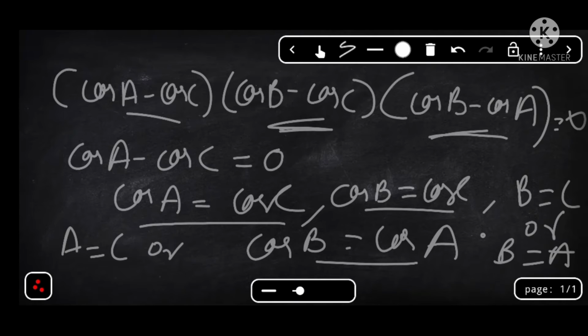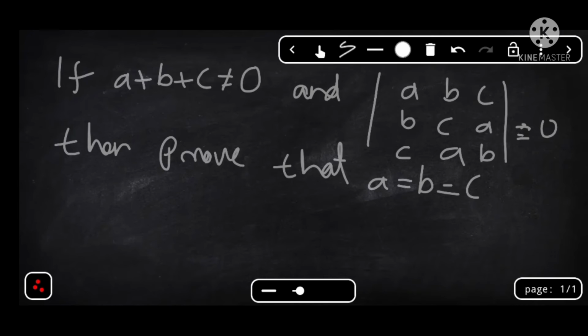So we can say that it is an isosceles triangle. Clear? So let's see the next problem.